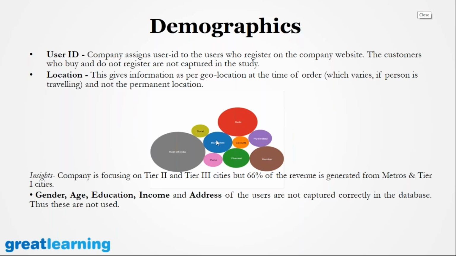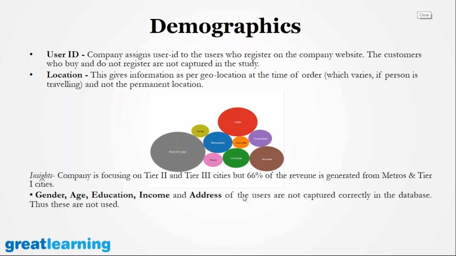Although the company is focusing on tier 2 and tier 3 cities because the goods are pretty cheap and would target lower income groups, or the goods which are available, as I mentioned, in Janpath or Sarojini Nagar markets, those kind of things.